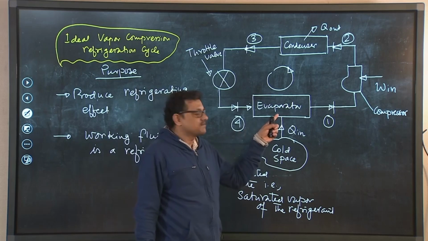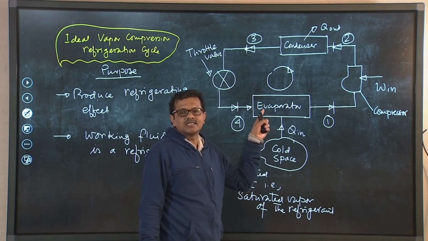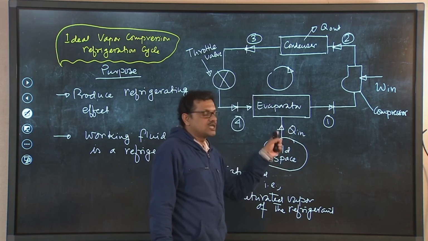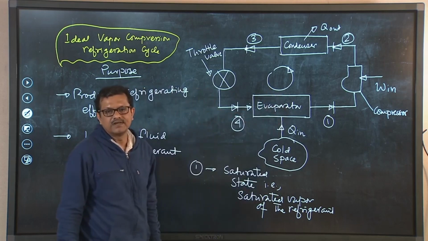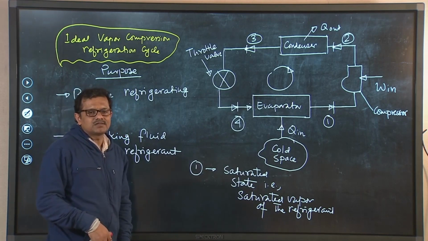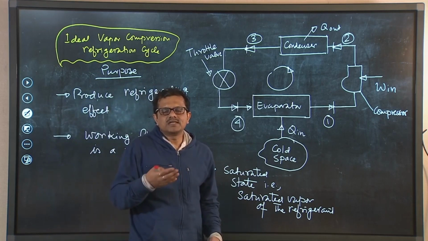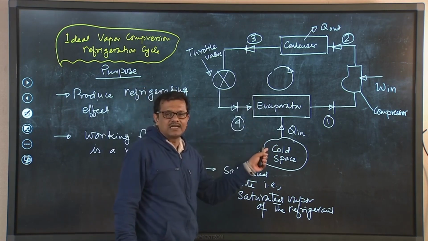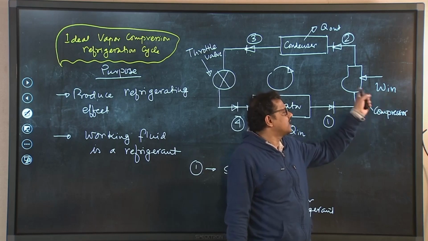Let me tell you once again, we are studying this particular cycle essentially to understand the refrigerating effect. It means the amount of energy extracted from the cold space per unit mass flow rate of the working substance, that is, the refrigerant. Because for any cycle, finally we need to measure the performance, and the sole purpose of this cycle is to get the refrigerating effect at the cost of some input energy, that is, the work input to the compressor.